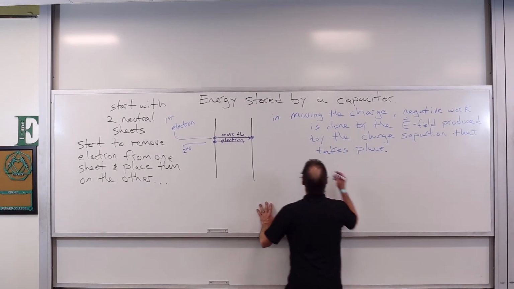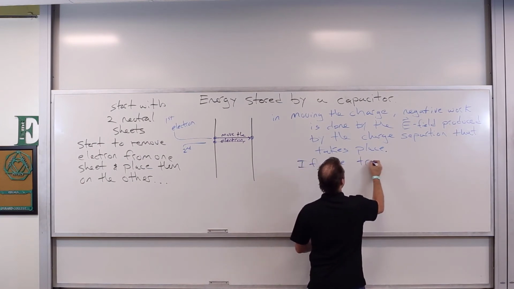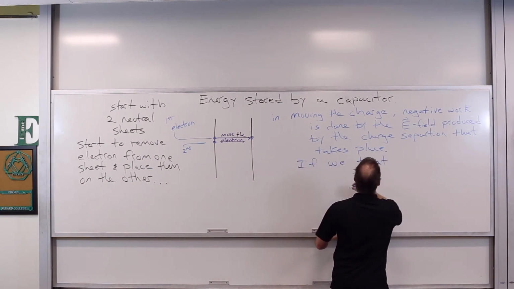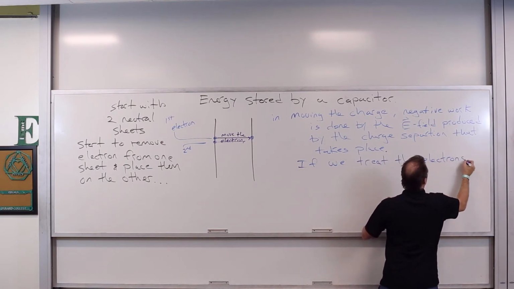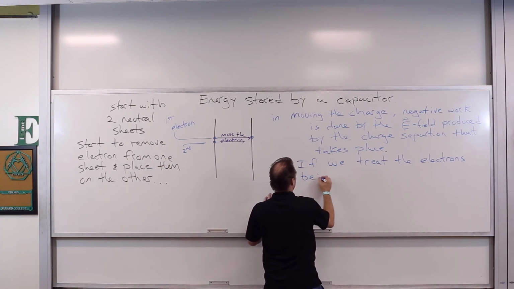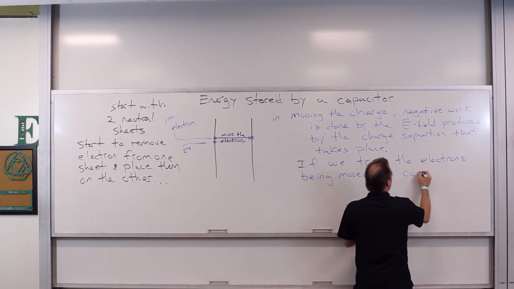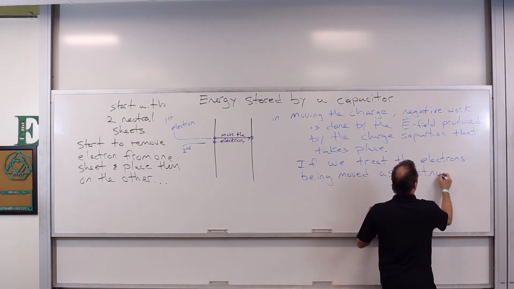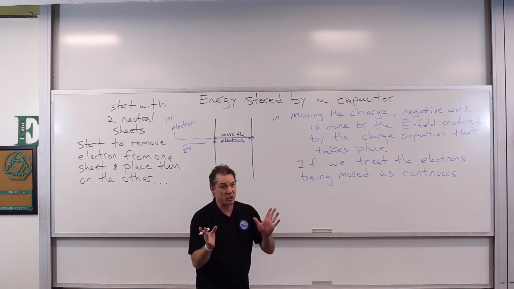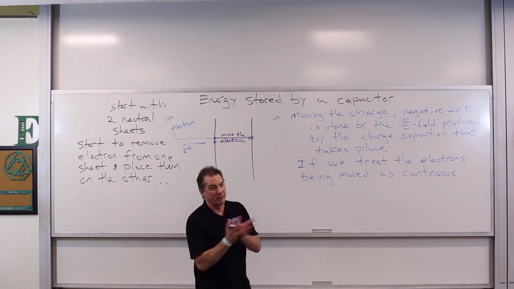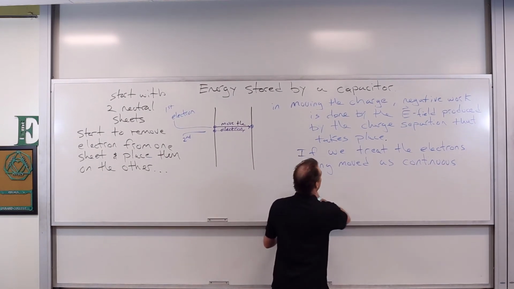So if we treat the electrons being moved as continuous, which of course they are not continuous because they're discrete, but if there's so many of them and they're so closely packed together and all that good stuff, it's a good approximation.